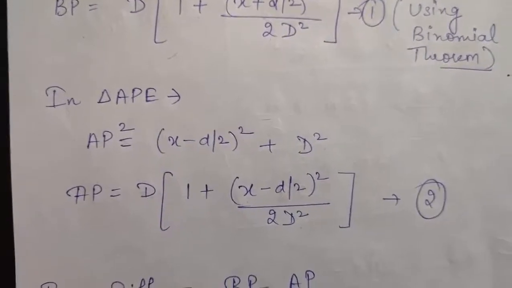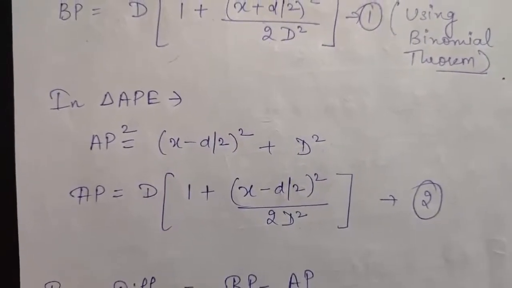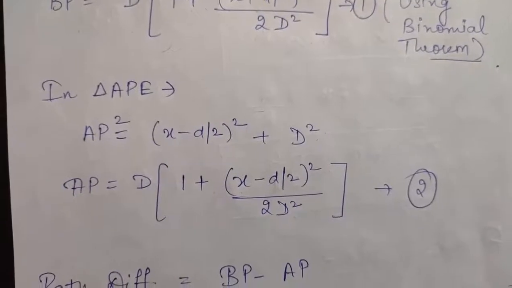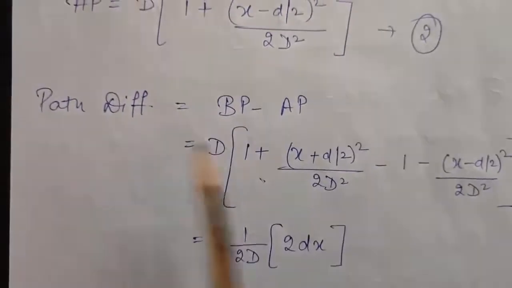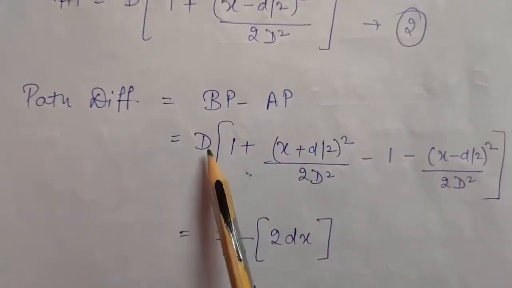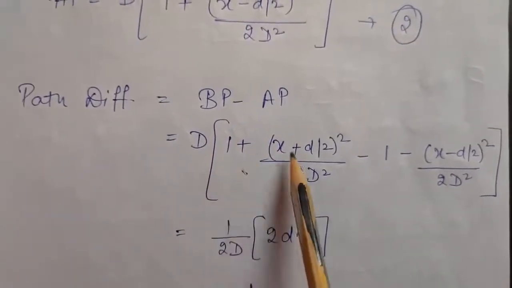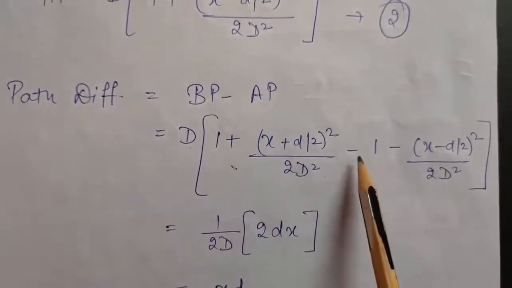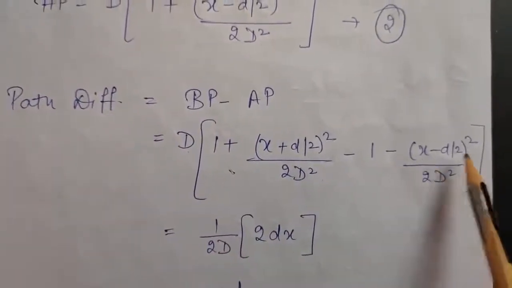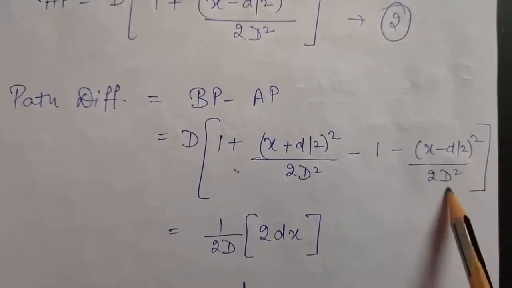And as I told you, path difference between two waves at P is equal to BP minus AP. So let us calculate that path difference now. Path difference will be BP minus AP. BP, taking D common, is 1 plus (x plus D by 2) whole square upon 2D square, minus AP, which is minus 1 minus (x minus D by 2) whole square upon 2D square.